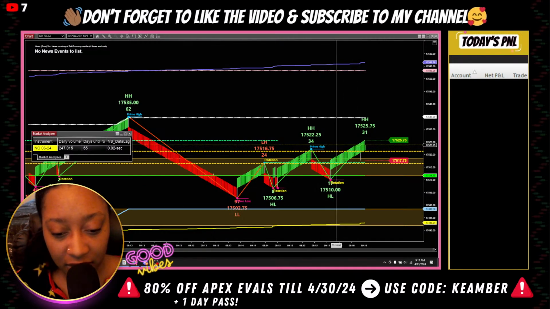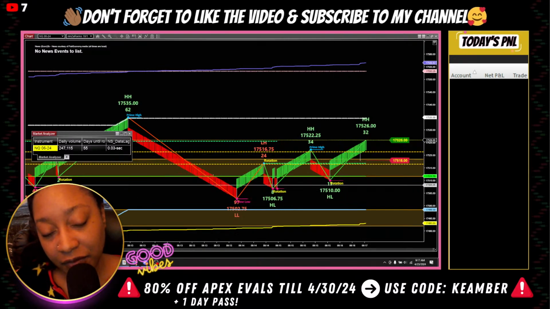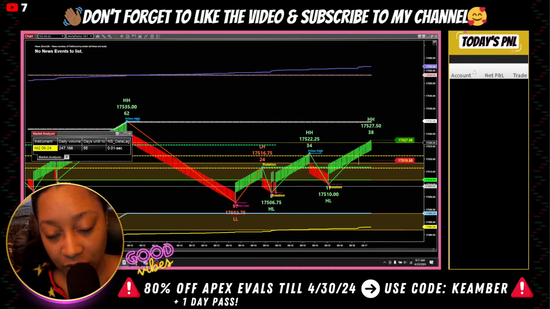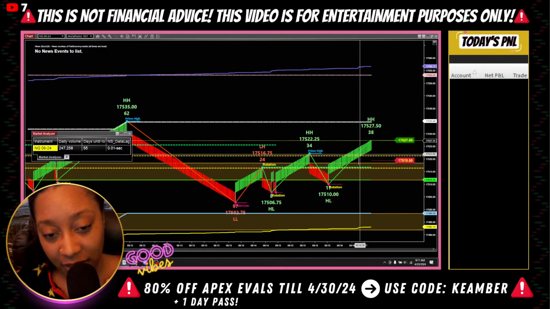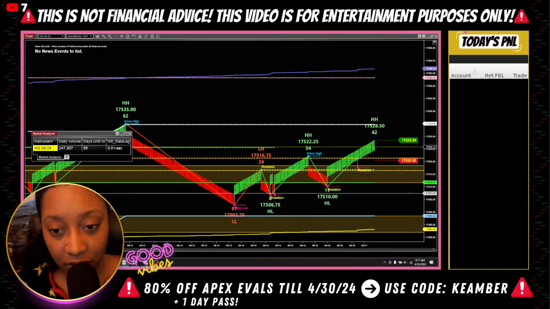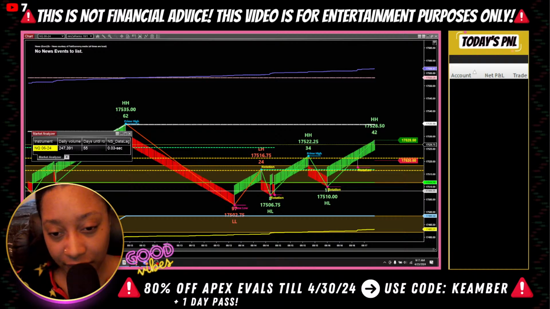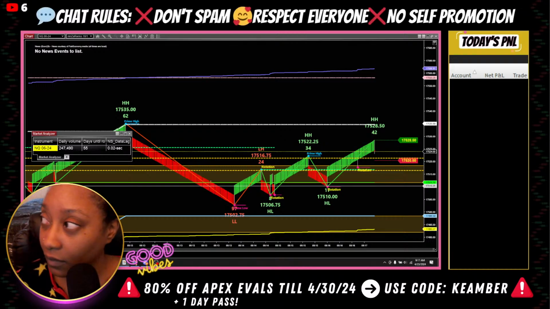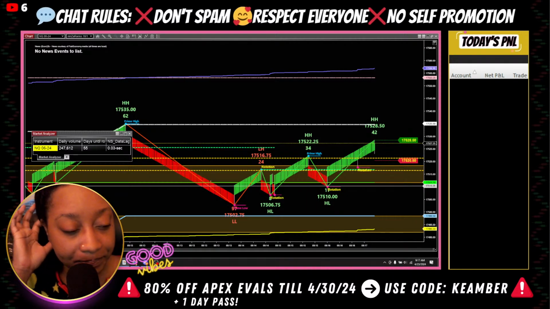That one I probably could have taken, but basically it was a regular pullback at my minor and major level versus just one of the two, so it doesn't happen often enough. I don't track it enough for me to trade it. But yeah, that's why.